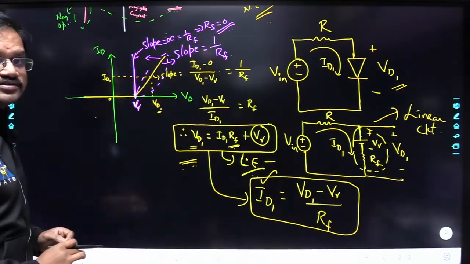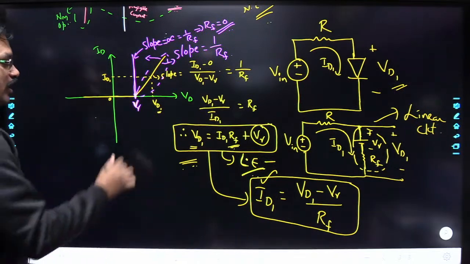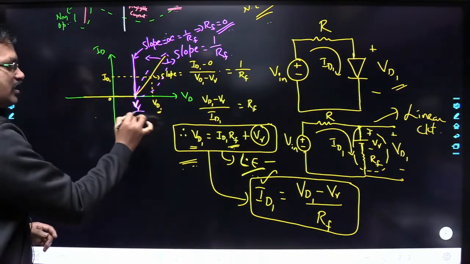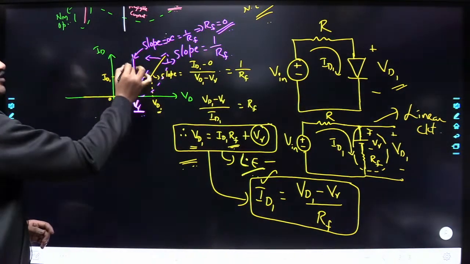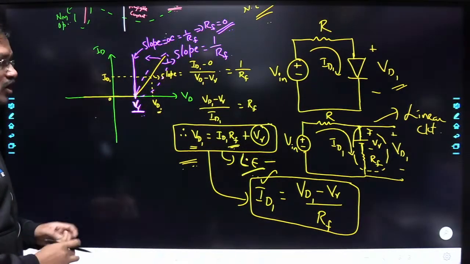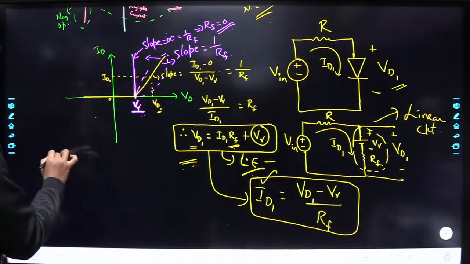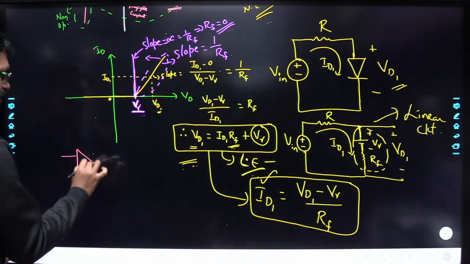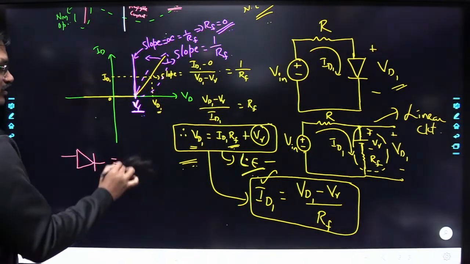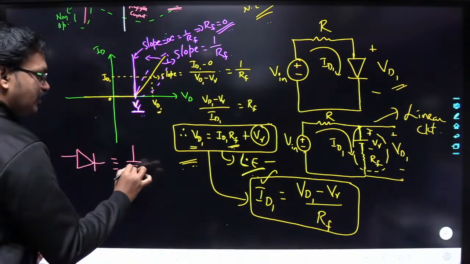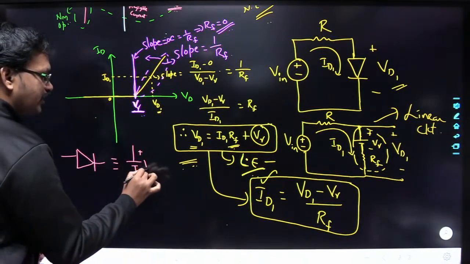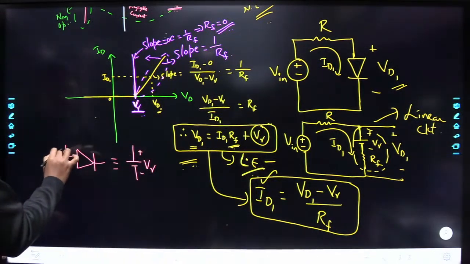Here you have V gamma present as it is, but RF is becoming 0. So in this case, you can replace the diode with simply V gamma.